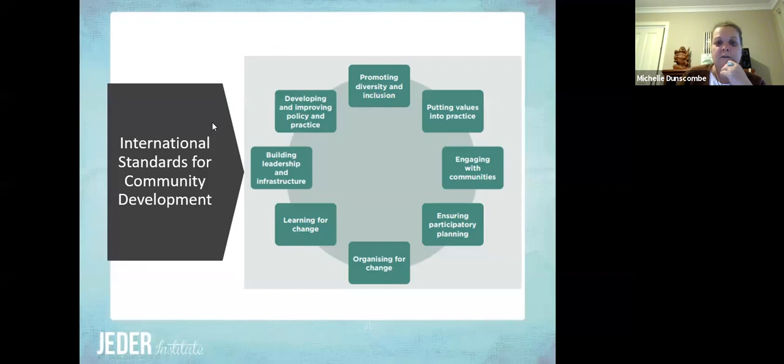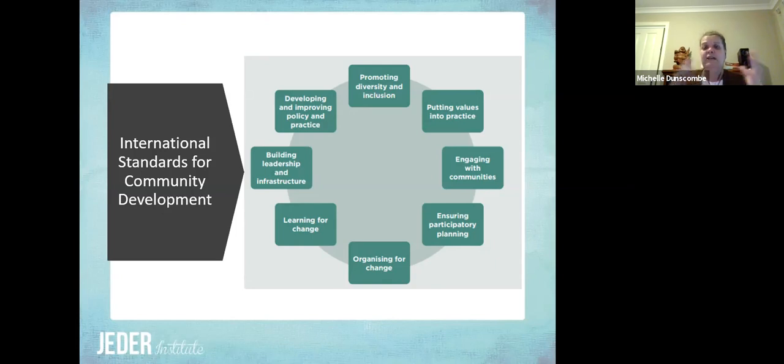So, what are the international standards for community development? There are actually 8 standards which are up there on the screen now. For me, it's starting with putting values into practice, engaging with communities, ensuring participatory planning, organising for change, learning for change, building leadership and infrastructure, developing and improving policy and practice, and of course promoting diversity and inclusion.